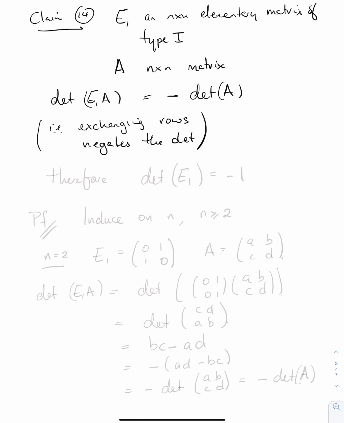As a consequence of this, we actually have an additional part of this claim. Therefore, the determinant of the matrix E1 itself is -1.